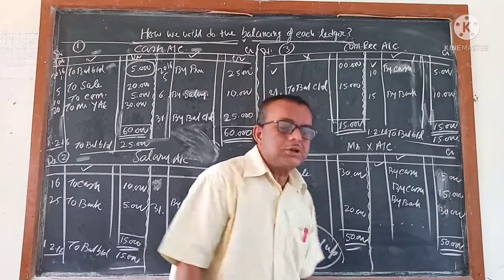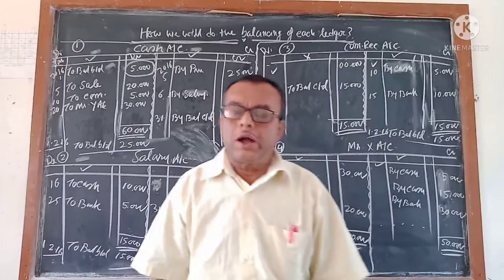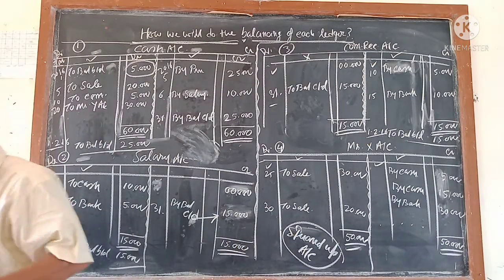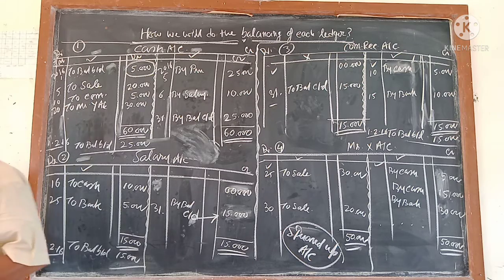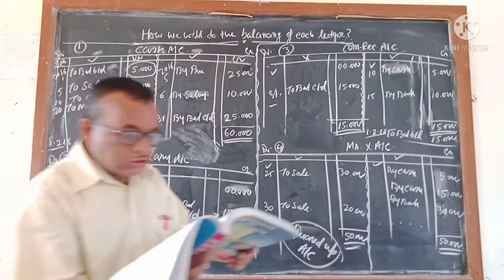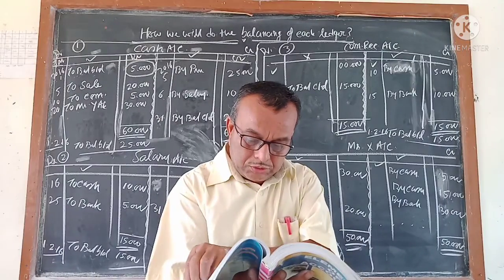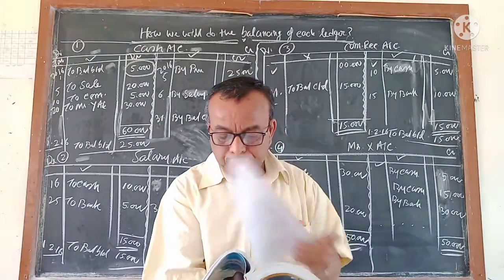Squared up accounts means both the sides' amounts are the same. In such cases we cannot find out any balance. So the fourth step I told you, squared up account, you will find in your book.